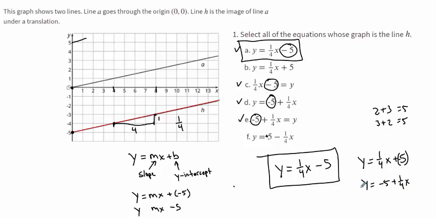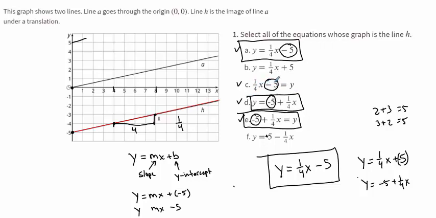It's the same thing as here, except this is on the other side of the equal sign. So E is definitely true. And here I have exactly what I wrote: y is equal to negative 5 plus 1/4 x.